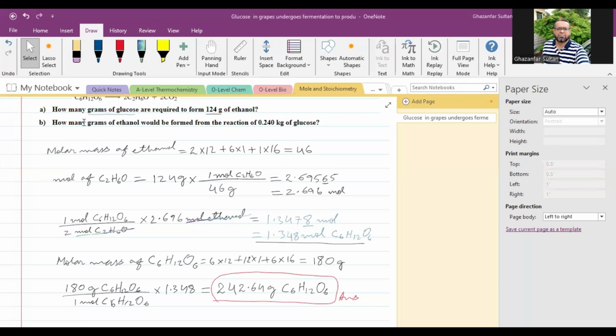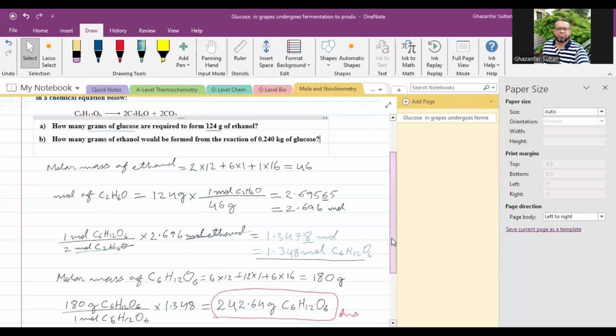Now see part B. That says, how many grams of ethanol would be formed from the reaction of 0.240 gram, not gram, it is in kilogram. So what to do and what is the difference? Remember that the relation that we observe is between the gram and the mole.